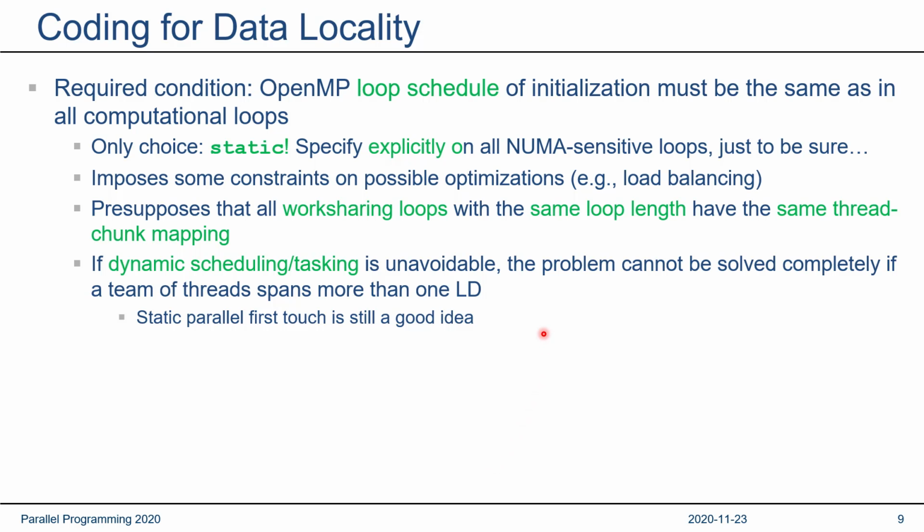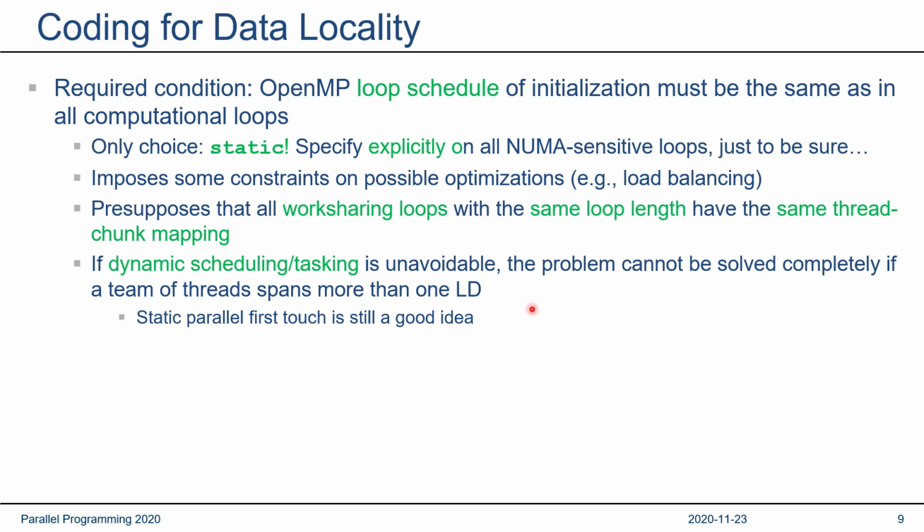So this means that if you need to use some dynamic scheduling on loops, or for example tasking, where there's no way of telling which thread will execute which chunk of the loop, the problem cannot be solved completely. There's no silver bullet to solving this problem if you need dynamic load balancing.